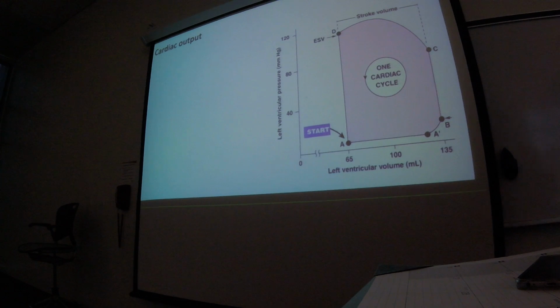Oh, I'm almost out of time. So I'm going to just wrap up this slide real quickly. We talked about volumetric rate, how that's the important volume, right? So the volumetric rate of the circulatory system is cardiac output. So cardiac output, represented as CO, is basically the heart rate, represented as HR, times stroke volume.